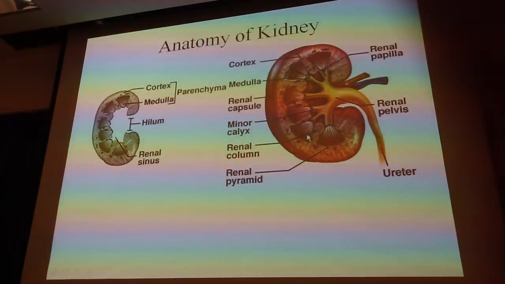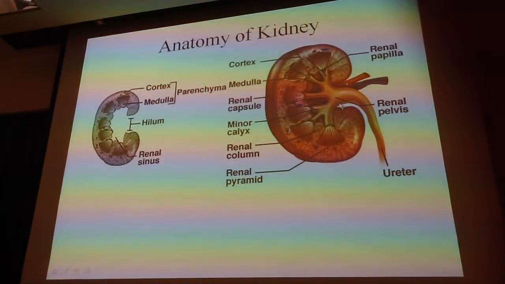Okay. And this thing here, the renal papilla, those are just the little openings at the end of the pyramid that drain into the minor calyces. This area where your ureter comes in and the renal artery and the renal vein come in and out, that's called the hilum. We know that the lung has a hilum, and the kidneys have a hilum.